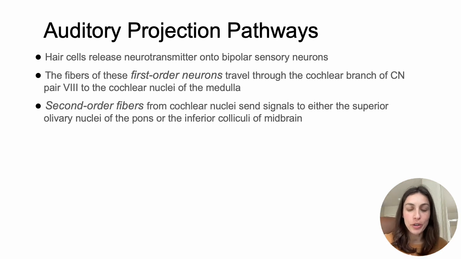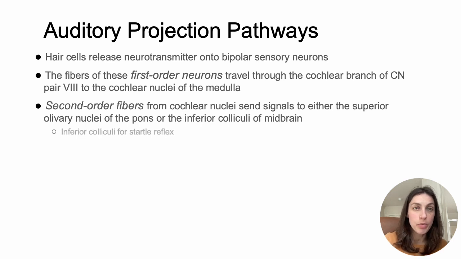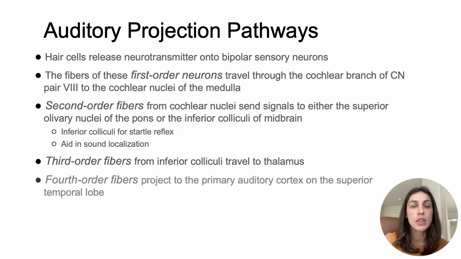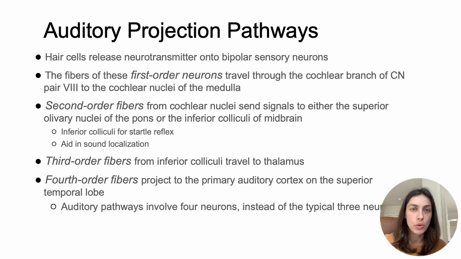The top 2 superior colliculi were for vision processing, and the bottom 2 were for auditory processing. This is really important for the startle reflex. So if you hear a sound that startles you, we have a reflex to turn toward that sound. Right? And it's also important in sound localization. The third order fibers from the inferior colliculi travel to the thalamus. And then there is a fourth order fiber that projects to the primary auditory cortex on the superior temporal lobe. So there are 4 neurons that are involved instead of 3.